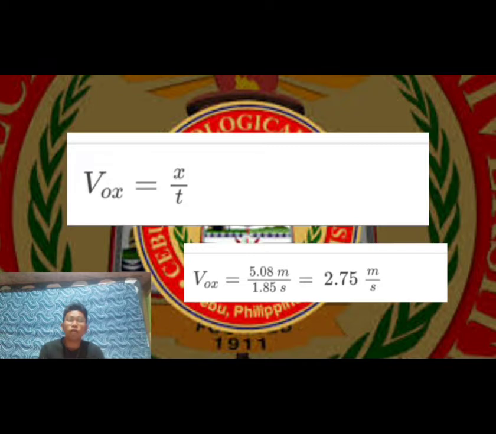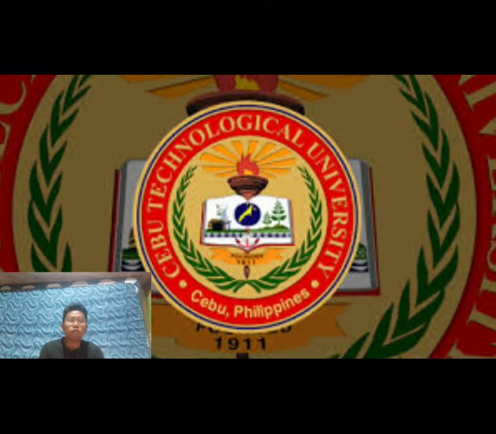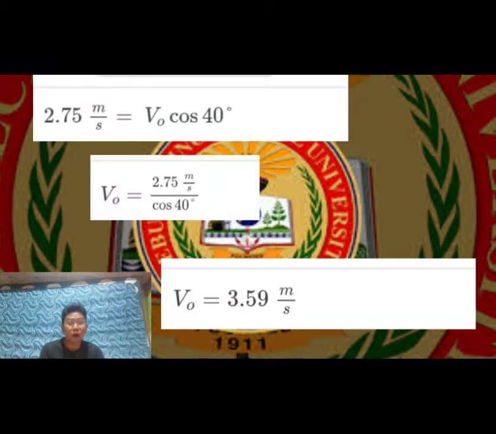To find the initial velocity, we need to substitute the initial velocity at x to our formula, which is v sub ox, or initial velocity at x, is equal to initial velocity times cosine theta. So we have the initial velocity at x is 2.75 meter per second, and our initial velocity is unknown, and our theta is 40.